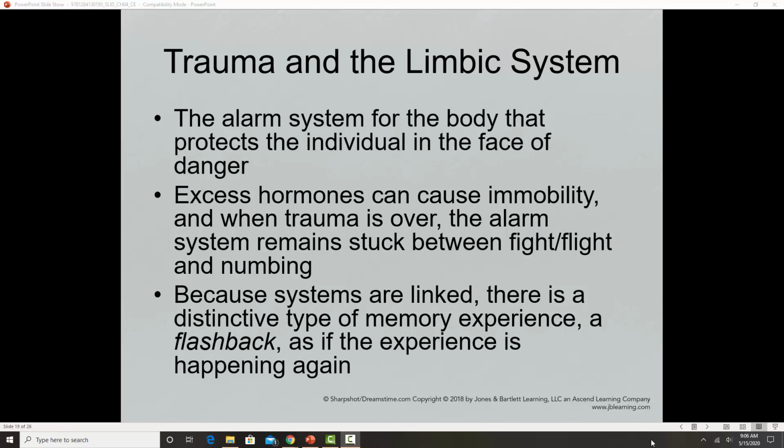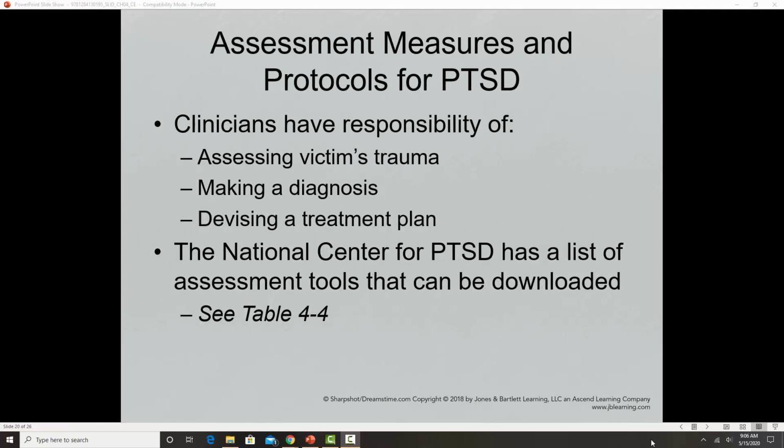And by the way, long-term activation of the sympathetic nervous system is really not good for us. It negatively impacts our immune system, making it easier for us to get sick, and it can take longer to get better if we do get exposed to something that makes us sick. So it's really unhealthy for us.